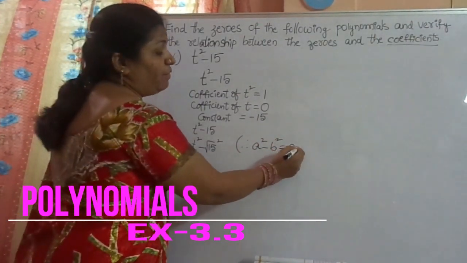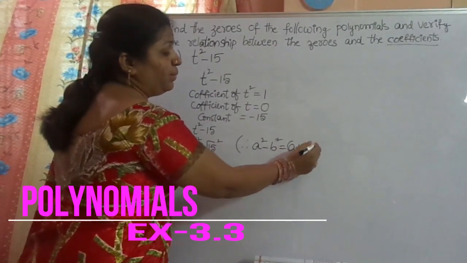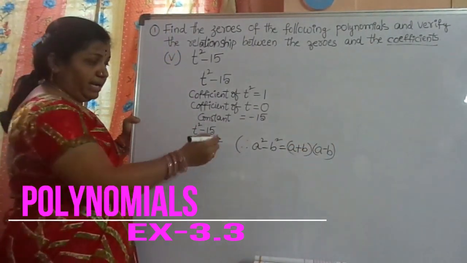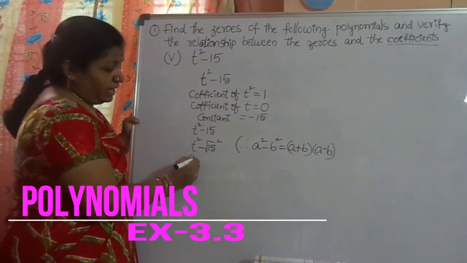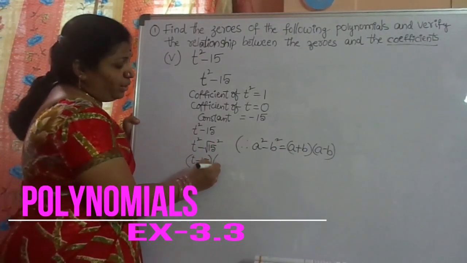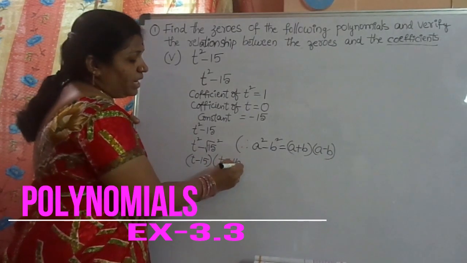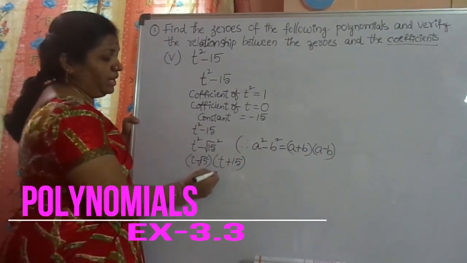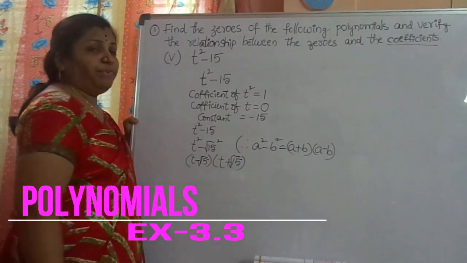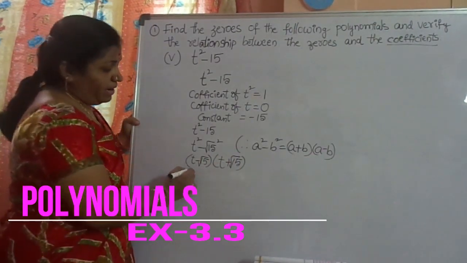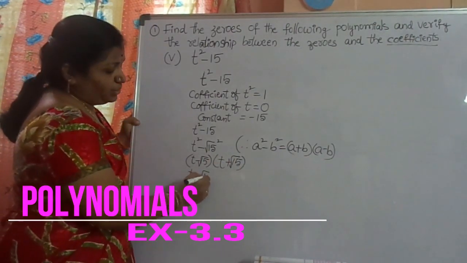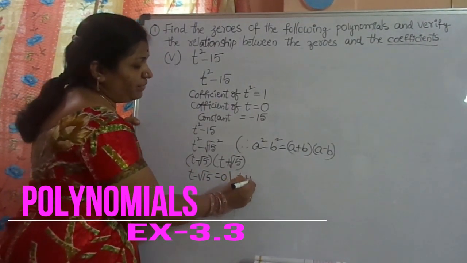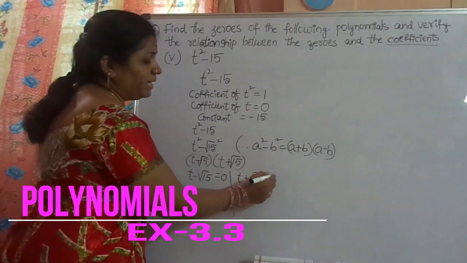That formula is a plus b into a minus b. Factorize by using that formula. t minus root 15 into t plus root 15 are the factors. Not simply 15, root 15. Now equate each term to 0. t minus root 15 is equal to 0 for one term, and t plus root 15 is equal to 0 for the other term.